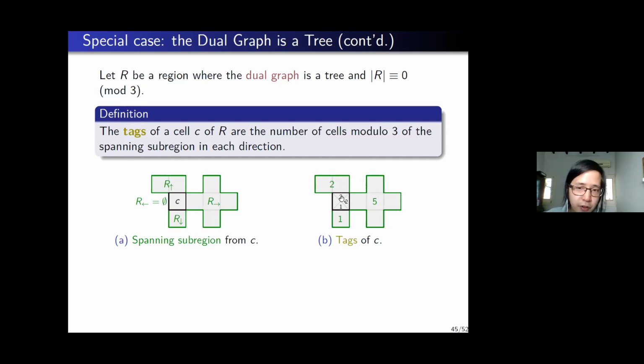For example, here we have the size 2, so we place this 2. Here from the right we have 5 cells, and in modulo 3 it's 2.